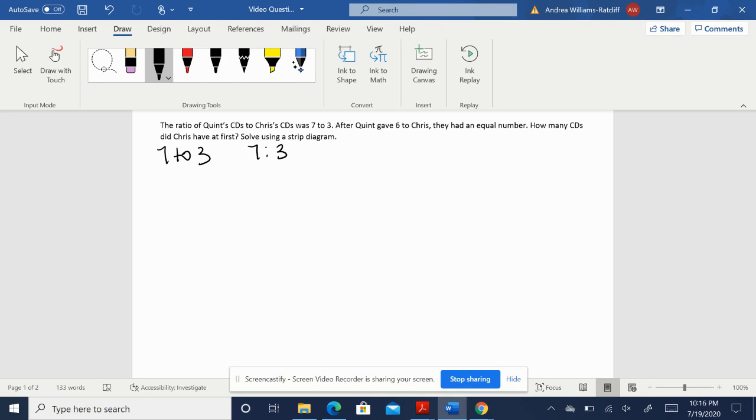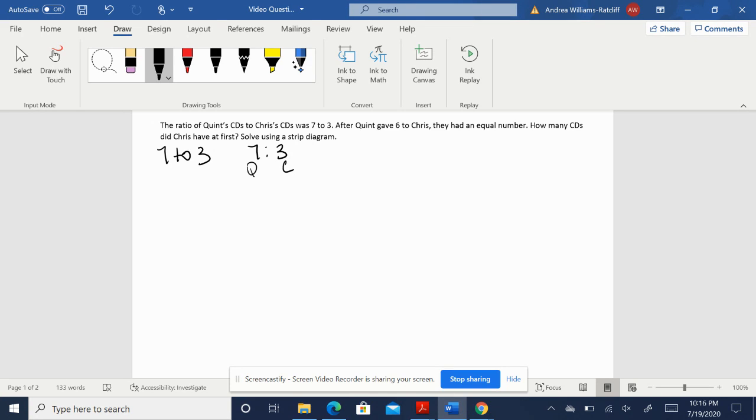Now, what we know about ratios, whether they're part to whole or part to part, is that just like fractions, they can be simplified. So this doesn't necessarily mean that Quint had 7 and Chris had 3. What it means is that it could be some sort of simplified ratio or a simplified fraction, if we think about it, for Quint and Chris.